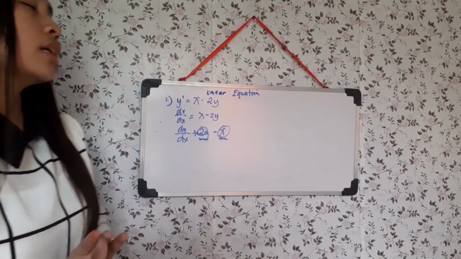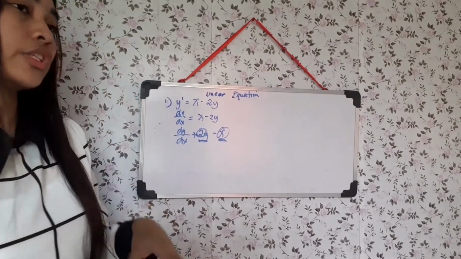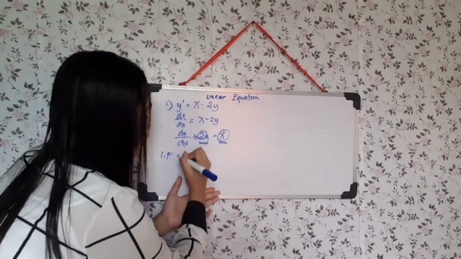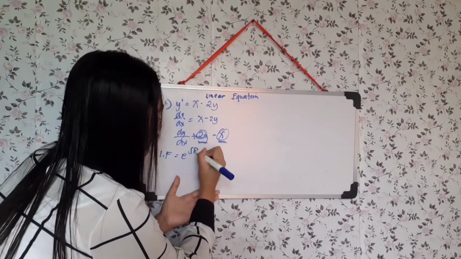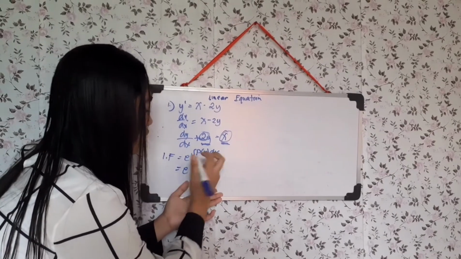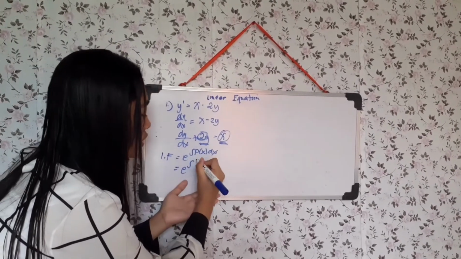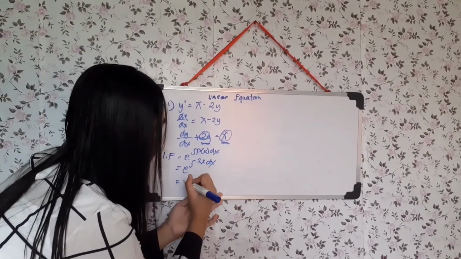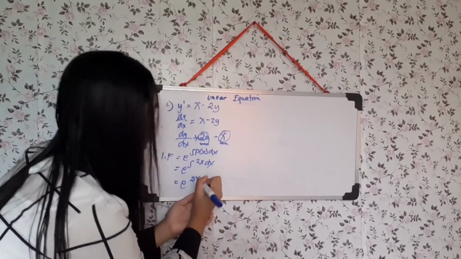After getting the value of each, we proceed to the integrating factor, which is e raised to the integral of p of x dx. Substituting p of x, which is 2, we get e raised to the integral of 2 dx, so the integrating factor is e raised to 2x.